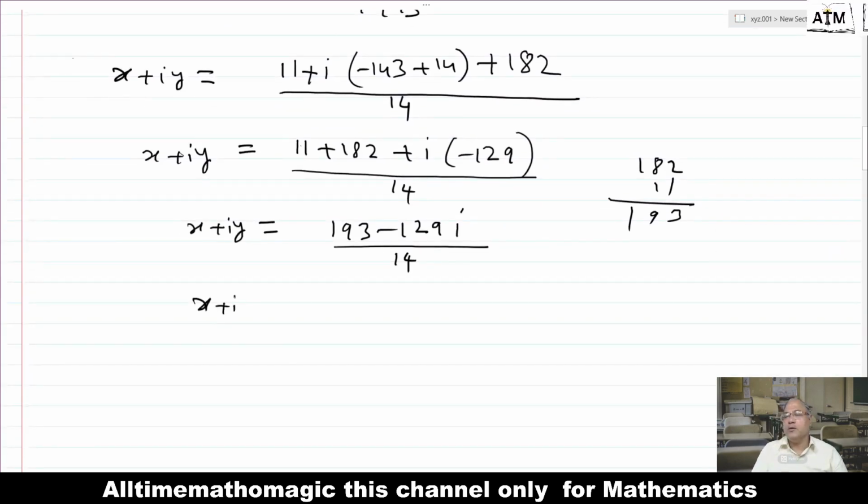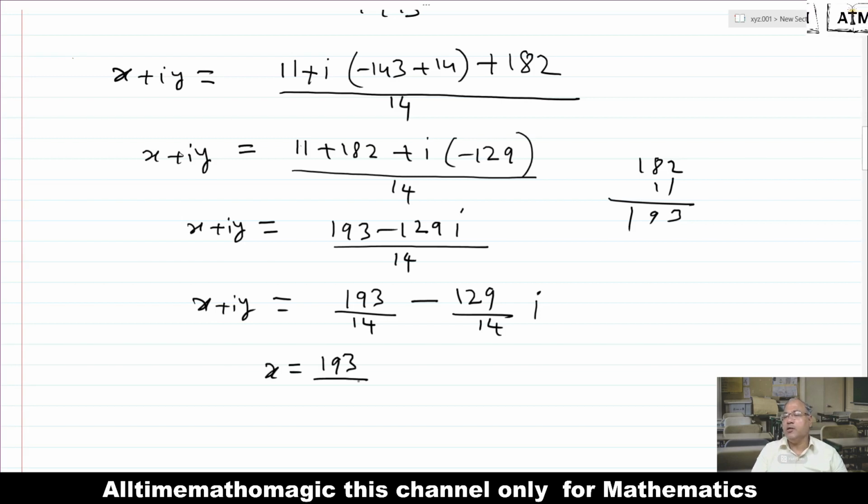So x plus iy equals 193 upon 14 minus 129 upon 14 i. So the given complex number we could express in the form of x plus iy, where x equals 193 upon 14 and y equals minus 129 upon 14.